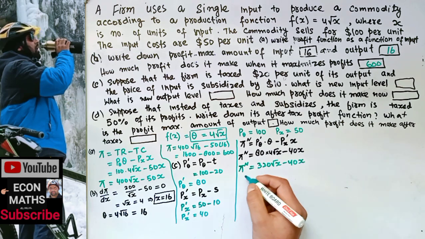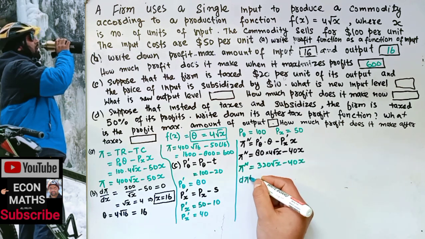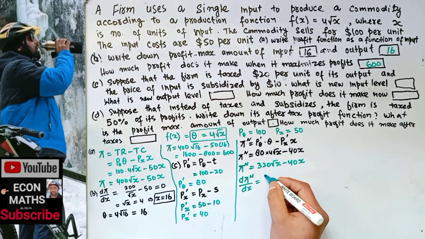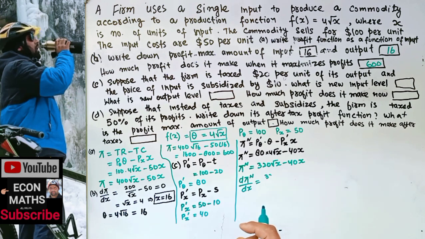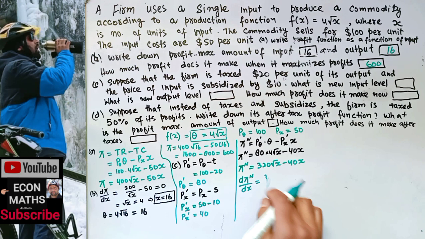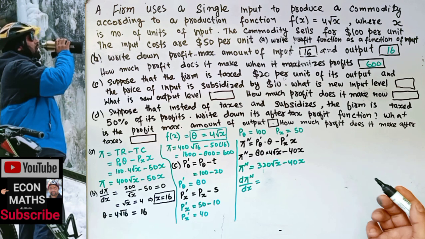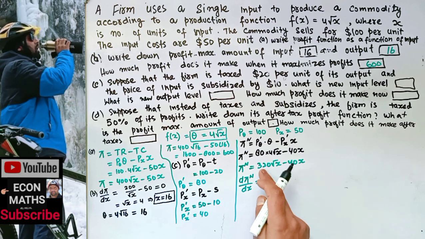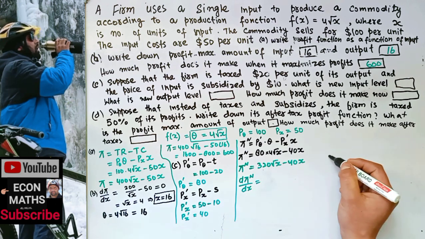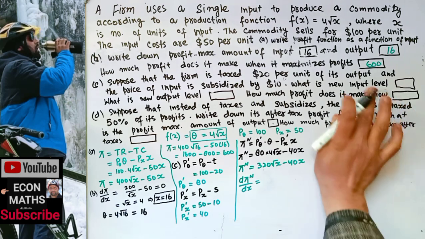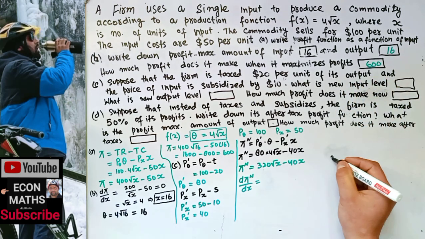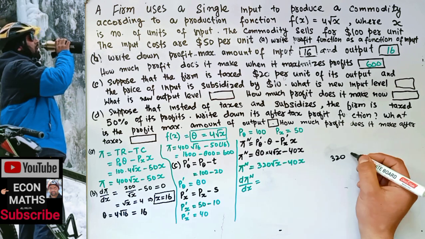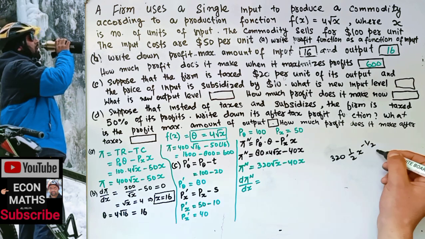Now profit maximization requires the derivative of the profit function with respect to input to be equal to 0. Taking the derivative, we have 320, and the derivative of under root X is 1 upon 2 X raised to the power minus 1 upon 2, minus 40.